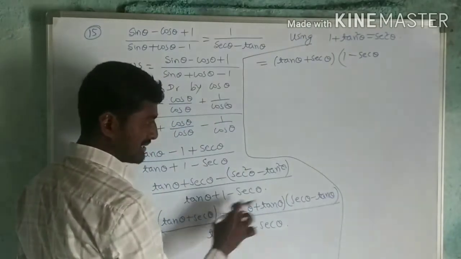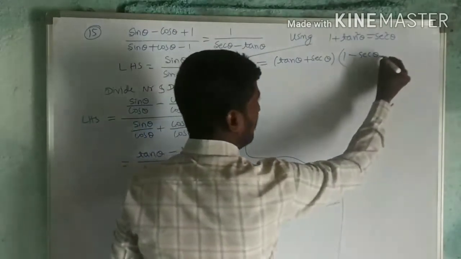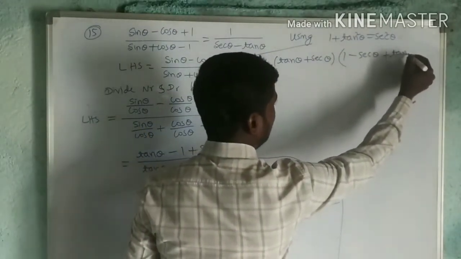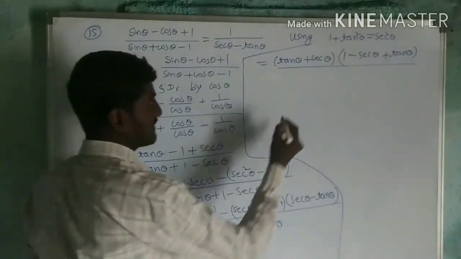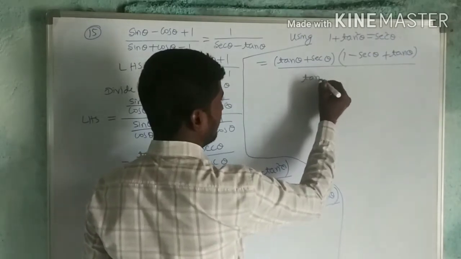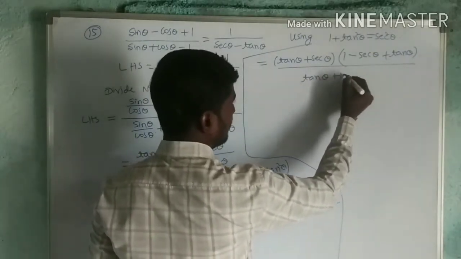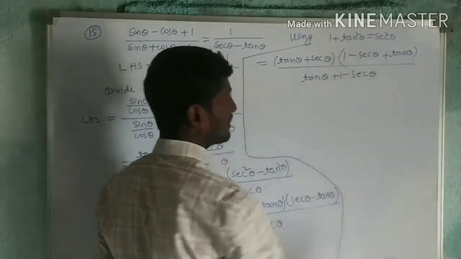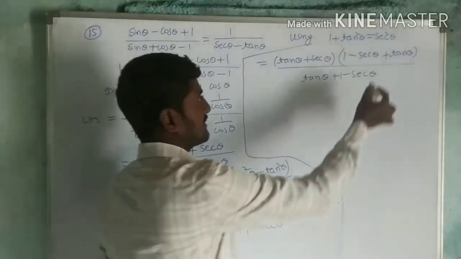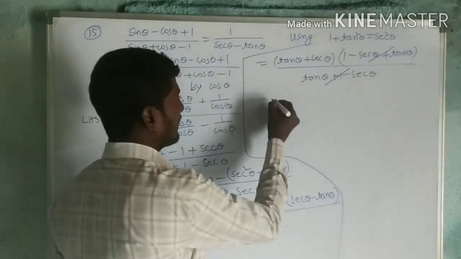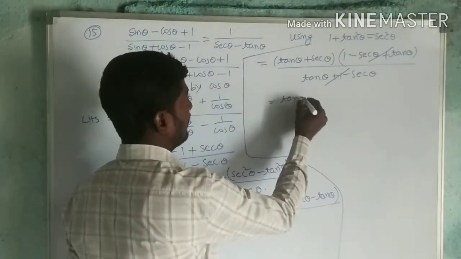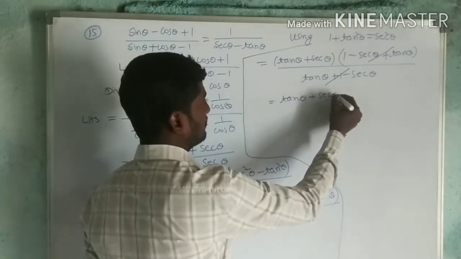Then minus into minus, it is plus tan theta, whole divided by, then this is as it is, tan theta plus 1 minus sec theta. Okay, now these two will get cancelled. Now here I am getting what? Tan theta plus sec theta.